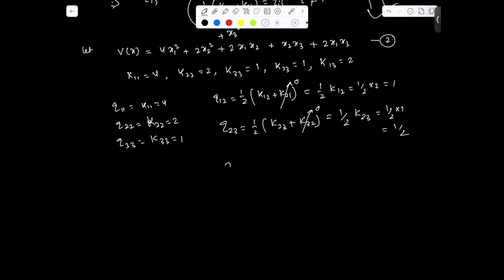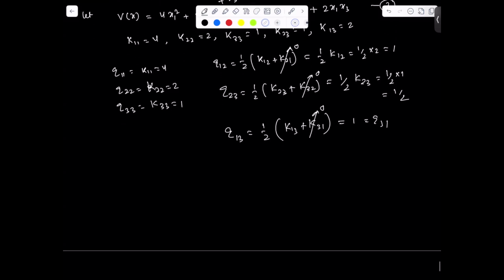Again, we can find Q13, which is half of K13 plus K31, and K31 is 0 here. K13 is 2, so we can write 1. And this is also Q31.